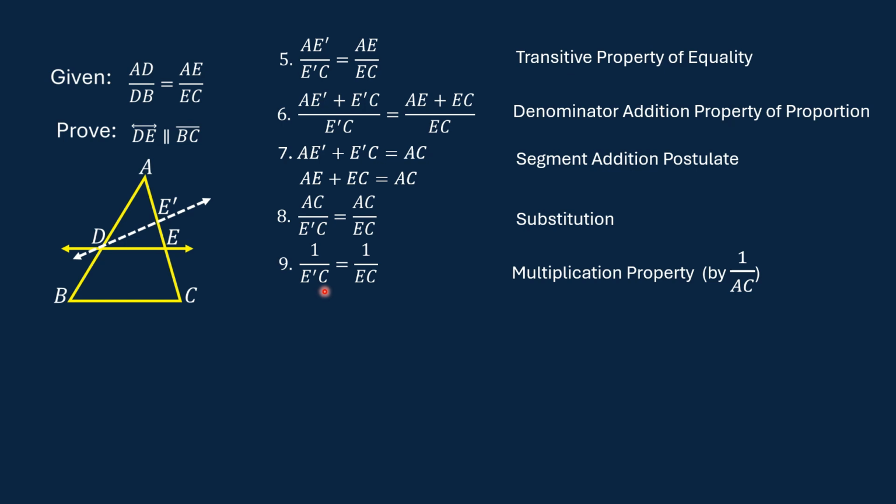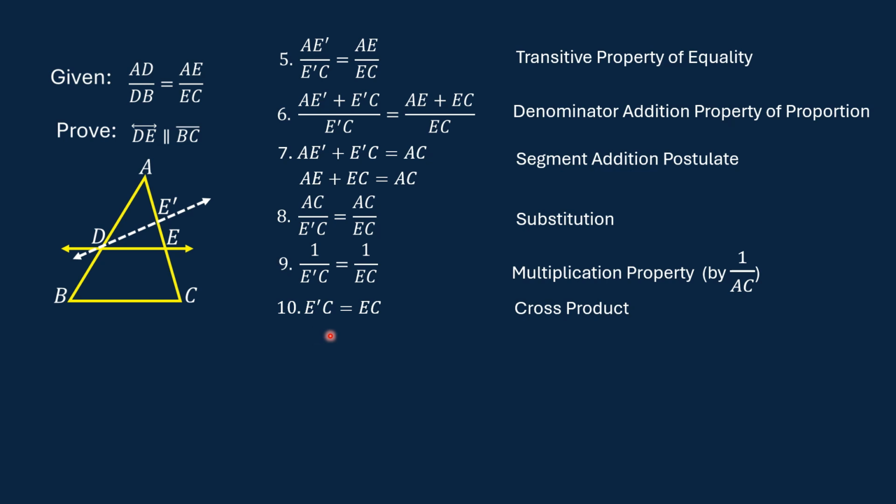E prime C and 1 are the means. 1 and EC are the extremes. So E prime C times 1 is E prime C, and 1 times EC is equal to EC. The reason, cross product.